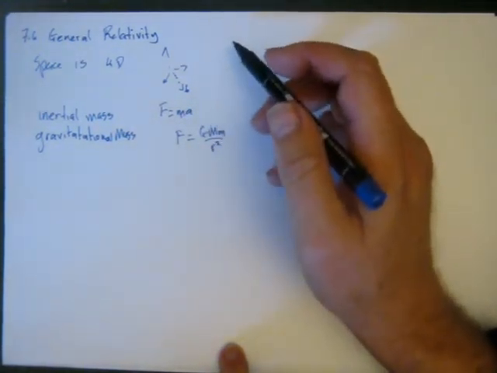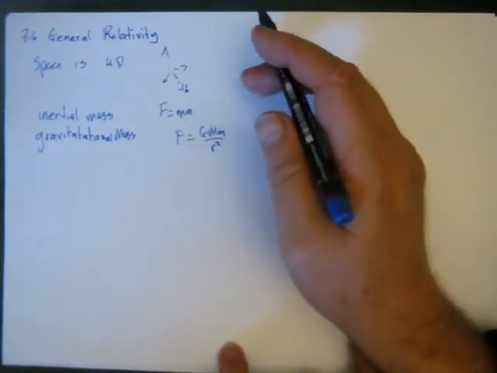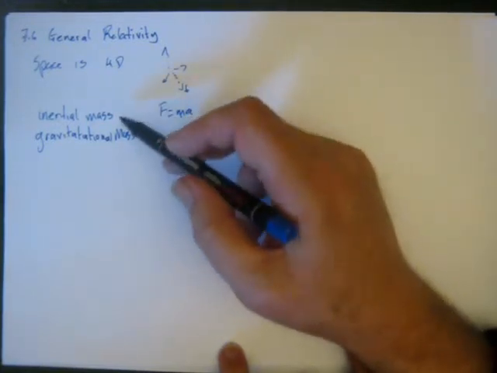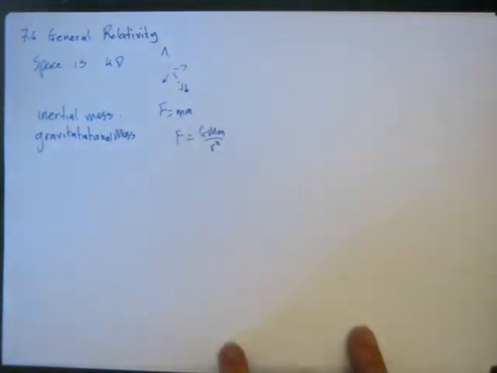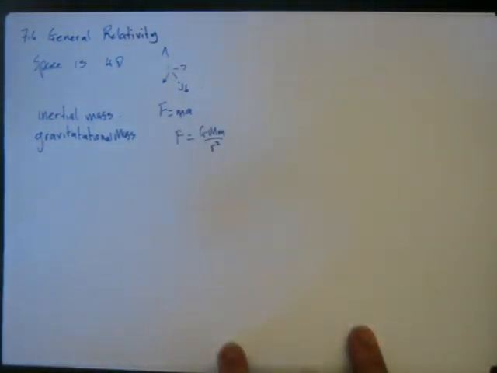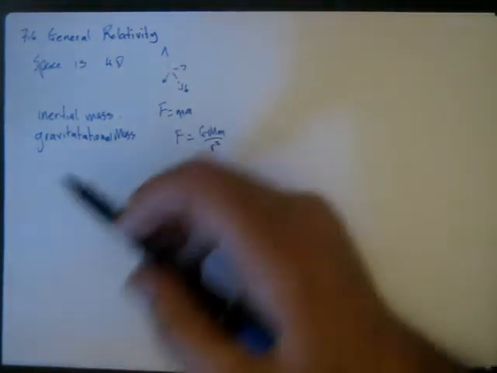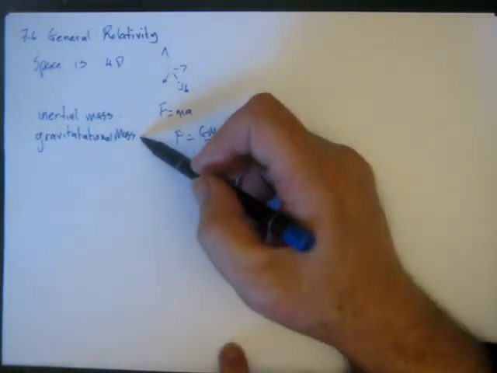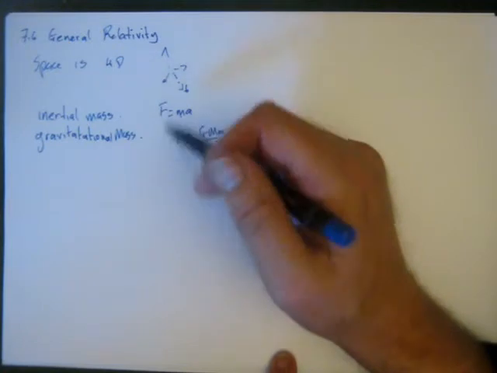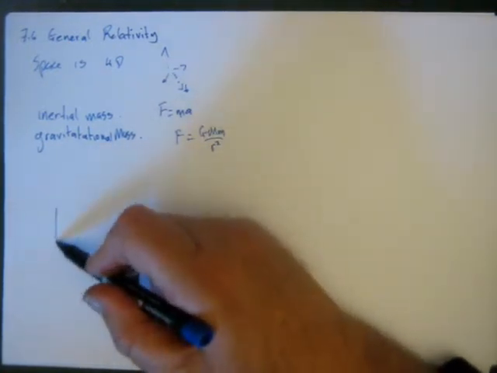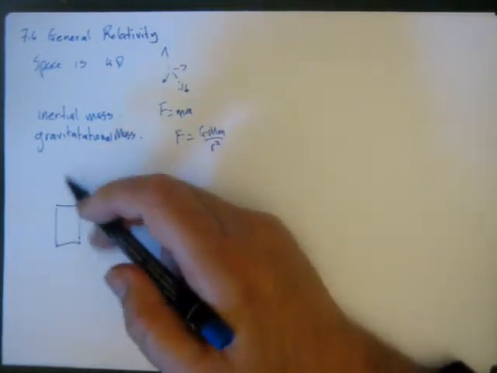But what Einstein was able to do was he basically said that these are the same mass. So the inertial mass and the gravitational mass are the same. So if this is working in a gravity field, it has the same reaction as if it's an inertial mass, if you're using Newton. And this was his classic example.